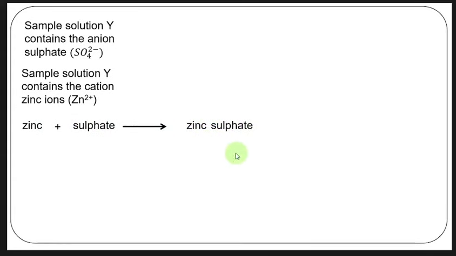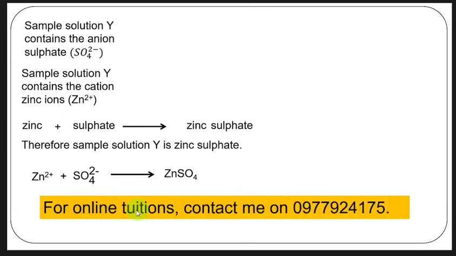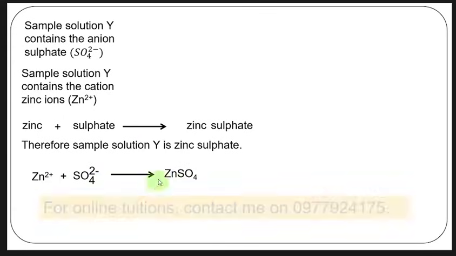So meaning that sample solution Y is zinc sulfate. We have identified that it was zinc sulfate. So the chemical equation for this one will be zinc ion plus sulfate ion gives us zinc sulfate. All right, so this is how we do qualitative analysis.